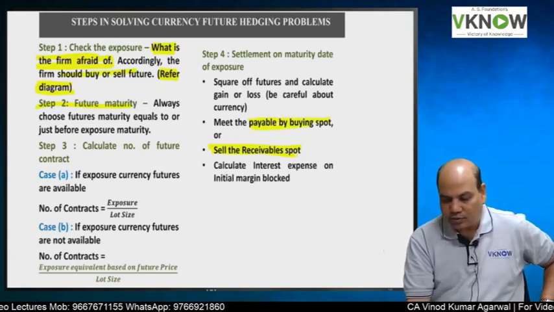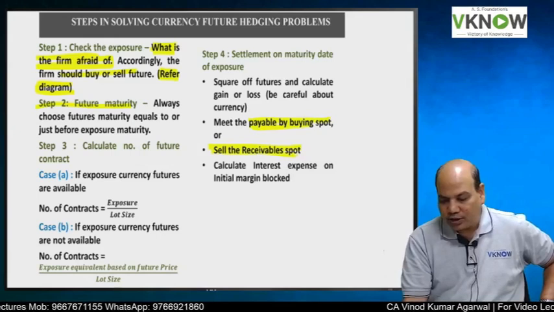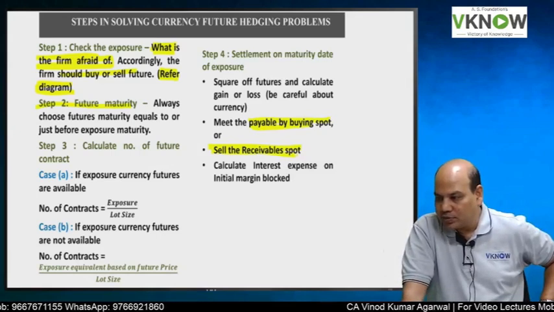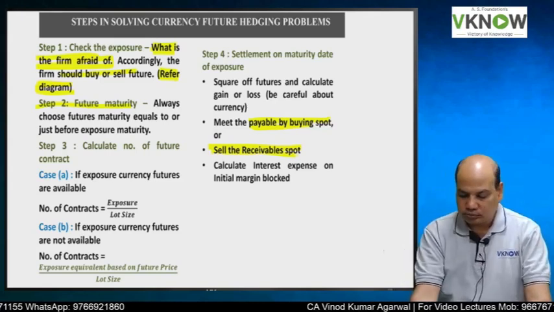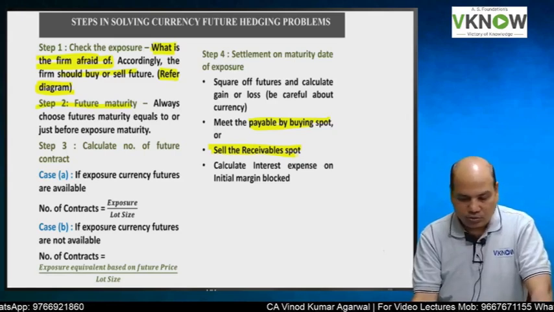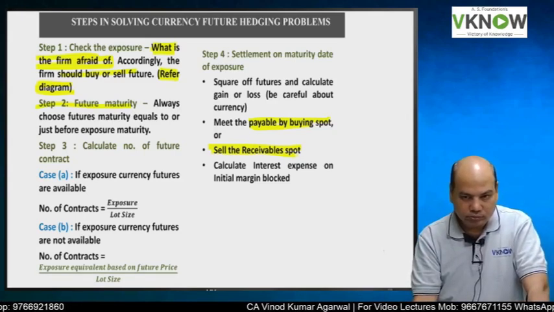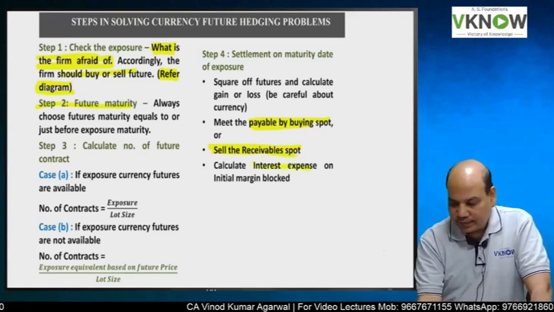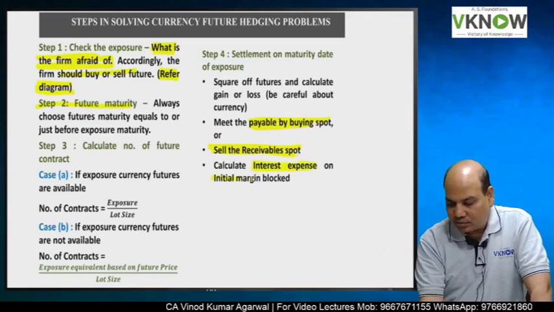Now next line, write down. Calculate interest expense on initial margin blocked, if initial margin is given to you.